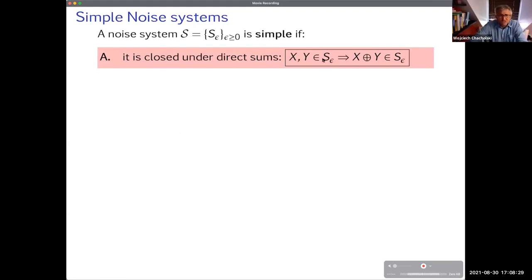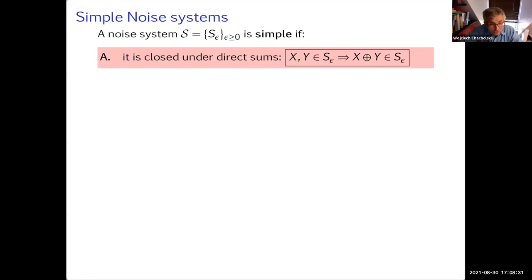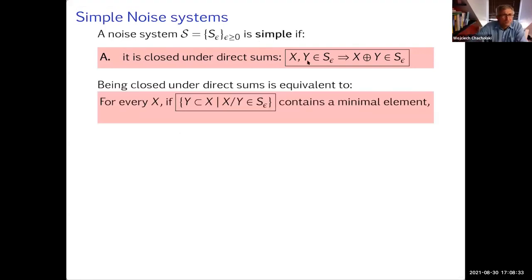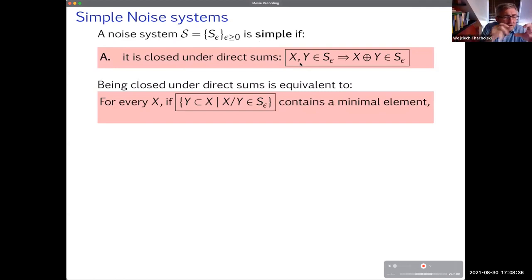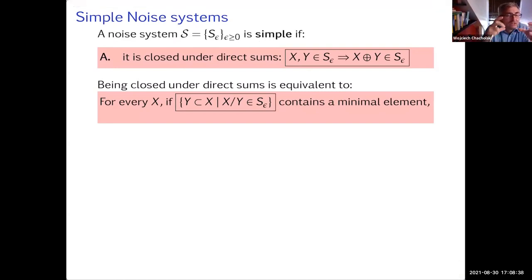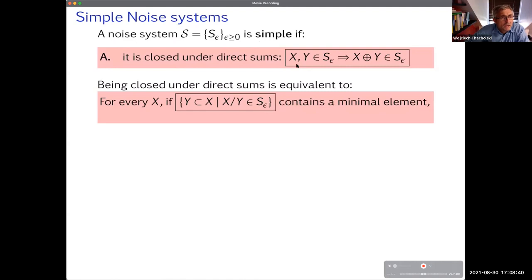Now, what is this condition equivalent to? It is equivalent to the following condition. Remember, for this hierarchical stabilization, we want to minimize certain things. So here, let's minimize in a little bit more direct way. You start with this x and you look at the submodules for which the quotient is small.